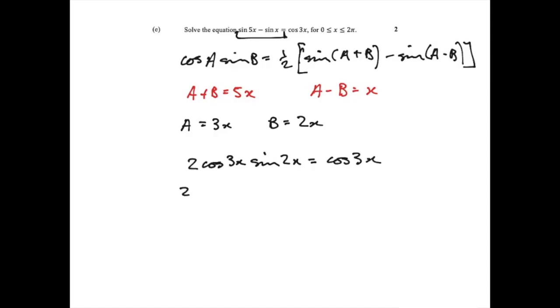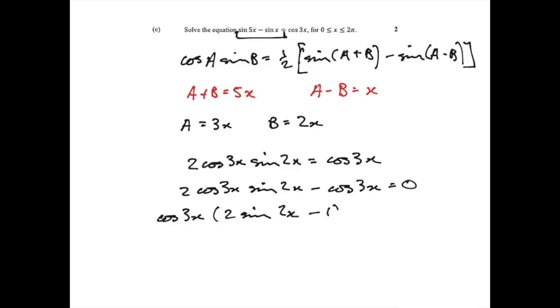Let's take everything to one side. 2 cosine 3x sine 2x minus cosine 3x equals 0. And now I can factorize. Okay, and I get this equation.